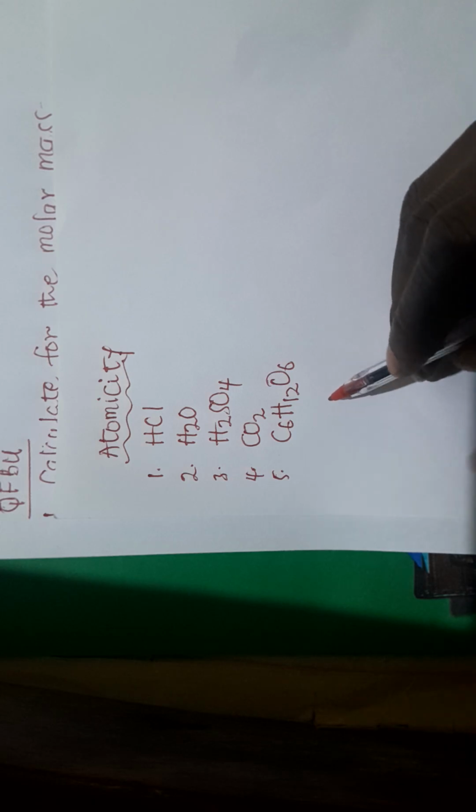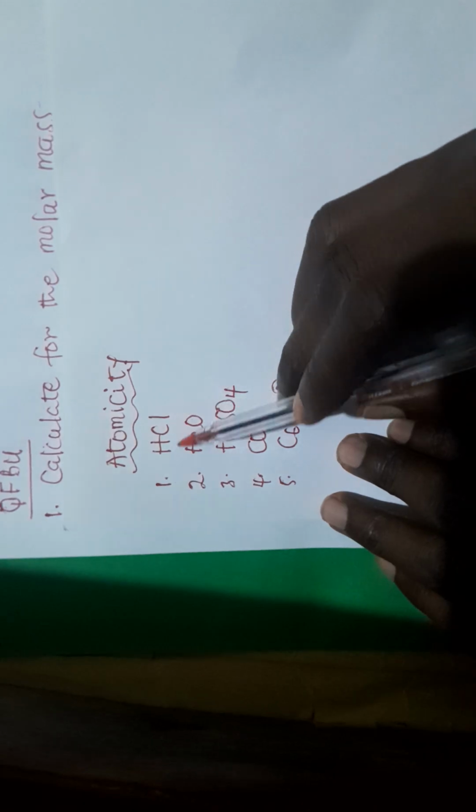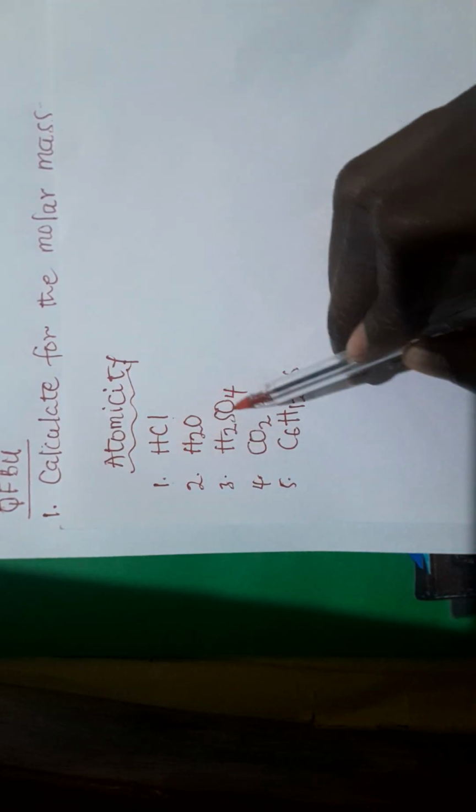Here, atomicity. So here I've given you 1 to 5 compounds or molecules for us to understand what we mean by atomicity. But what is atomicity? Simply the number of atoms.